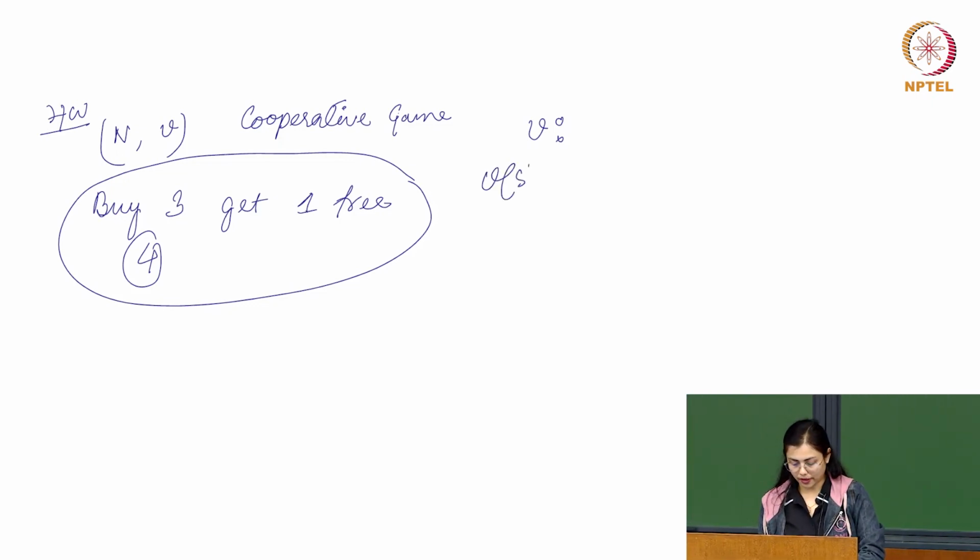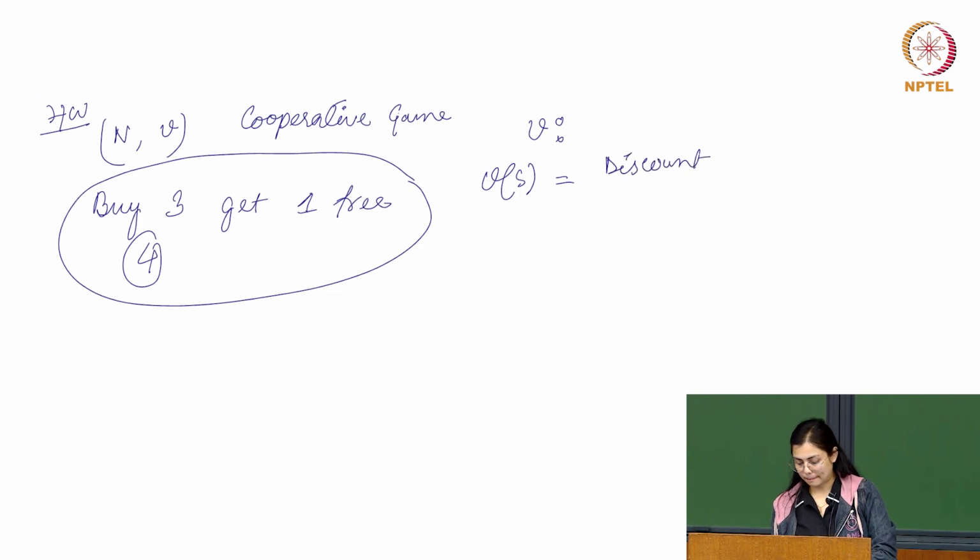So you mean that V of S is the total discount? Or what is the discount? The discount that the referrer gets is equal to the discount the referee also gets. So this is referrer and referee. Suppose both of them get the same discount, and you are going to equally distribute that among them.